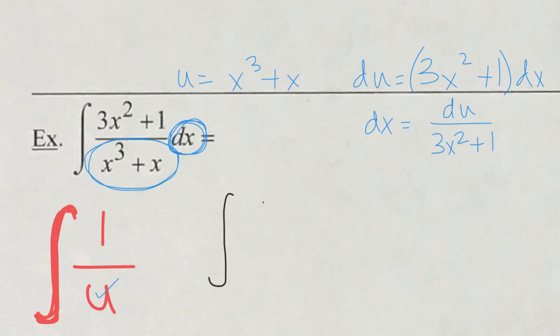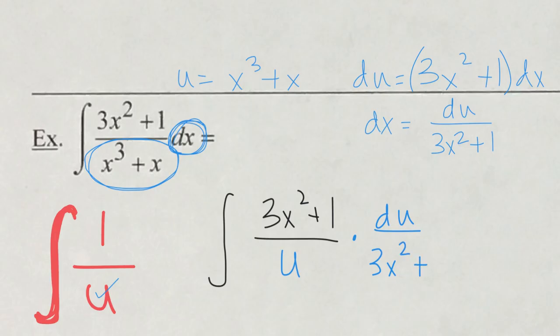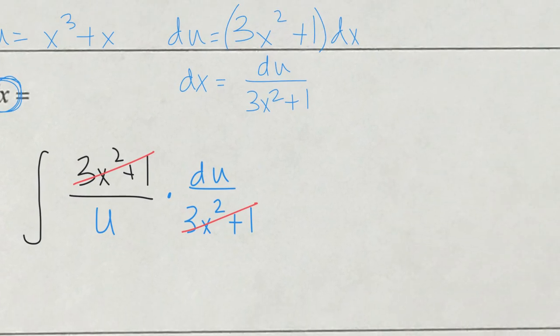So this is going to be 3x squared plus 1 over u, right, here's your u, times du over 3x squared plus 1. Hopefully we can see that the 3x squared plus 1 and the 3x squared plus 1 do cancel each other out. They divide to give you 1. So we're left with the integral of du over u.